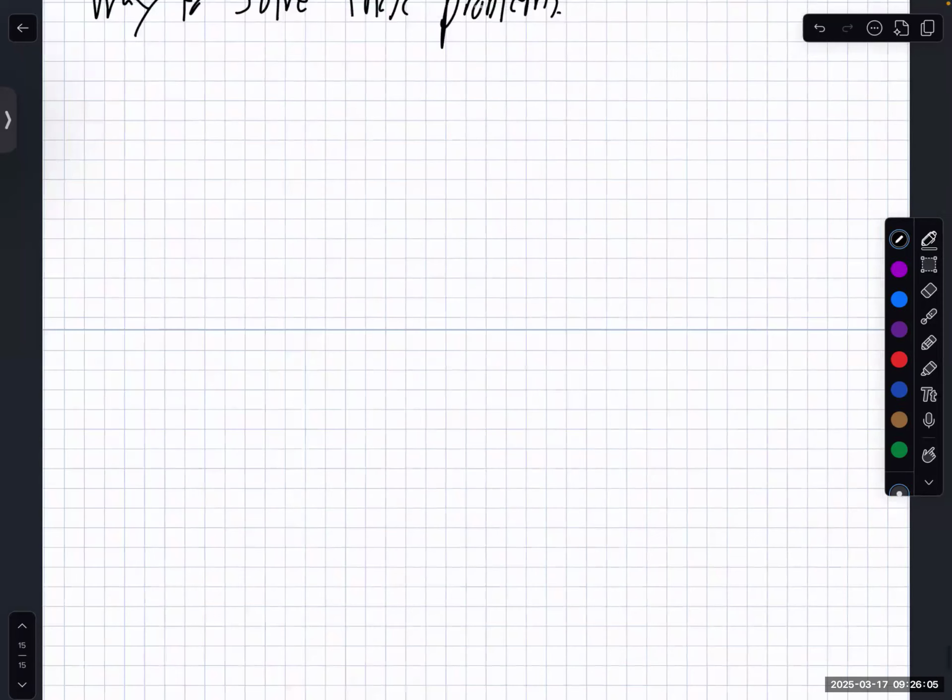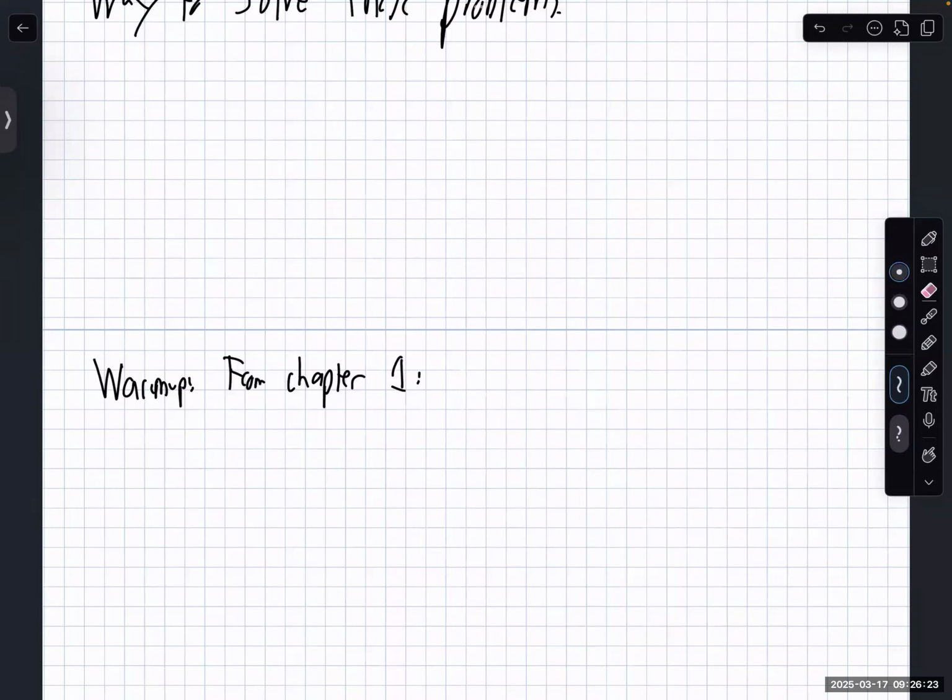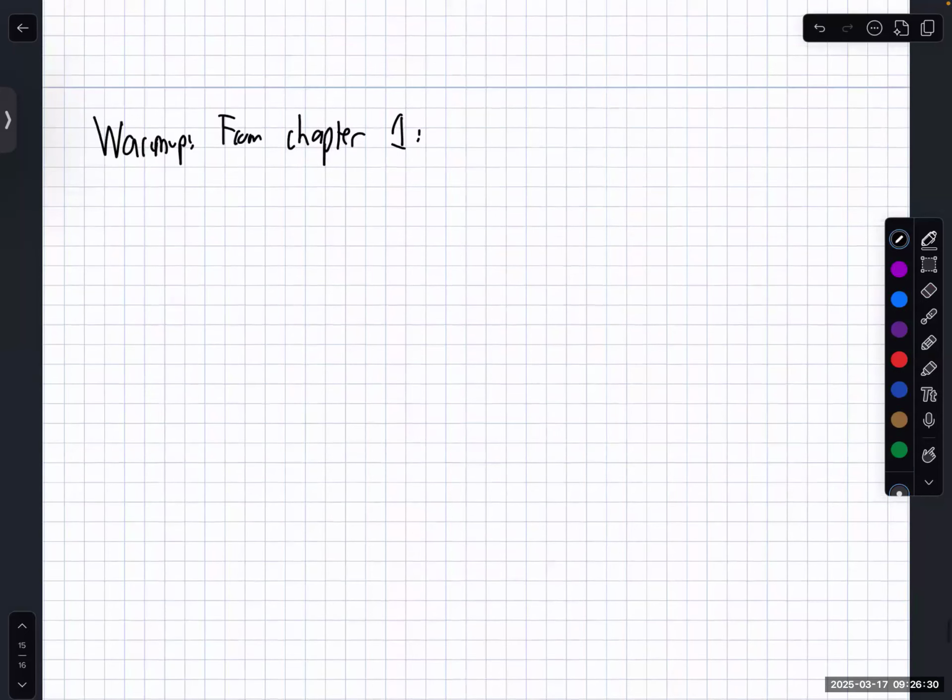So as a warm-up, remember chapter 1, there are three main topics: equations, vectors, and matrices.